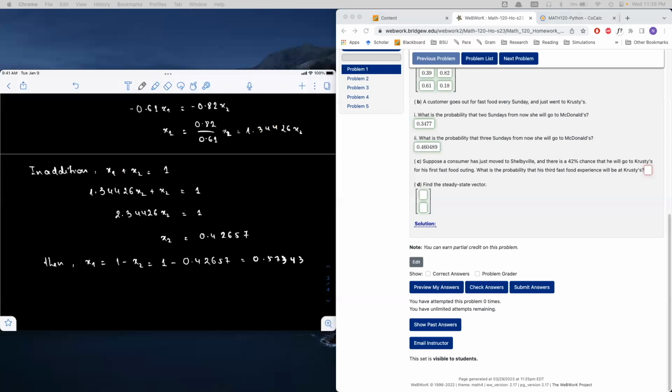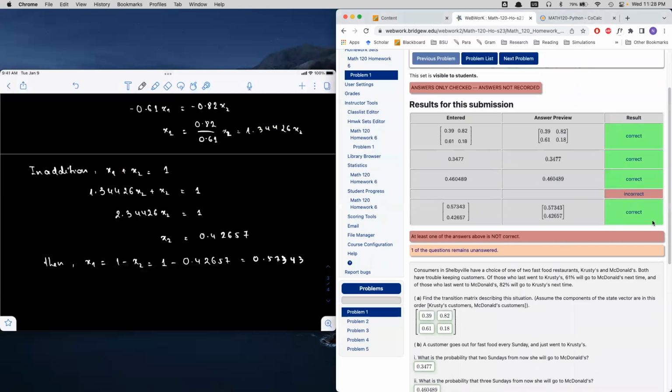Okay, so now I'm going to enter the answer here. So x1 is equal to 0.57343, and x2 is equal to 0.42657. Let me check the answer. So this is correct. Right?